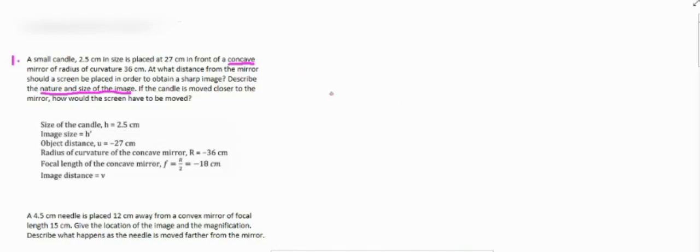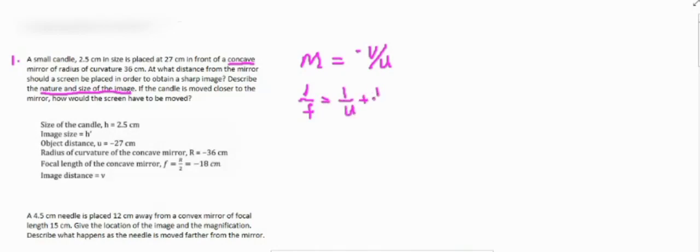For linear magnification, you know the formula is m is equal to minus v by u. First you have to use the mirror equation, 1 by f is equal to 1 by u plus 1 by v.